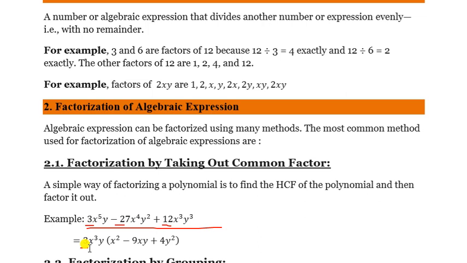See here, x to the power 5, here x to the power 4, but here x to the power 3. I think you got it. Which is the least? x to the power 3, because it is x to the power 5, x to the power 4 and x to the power 3. Out of these 3, you only find it from the same kind of variables. So x to the power 3 is the least.